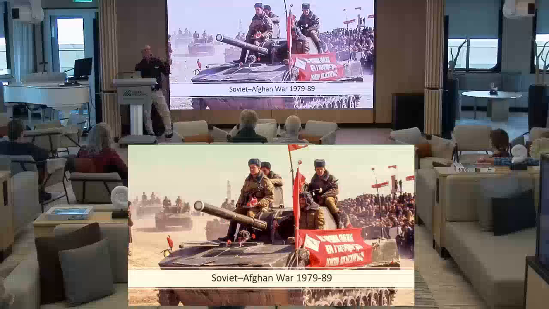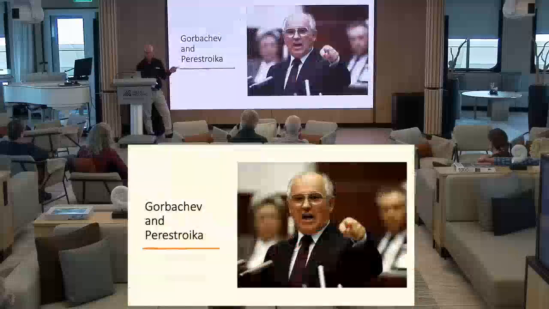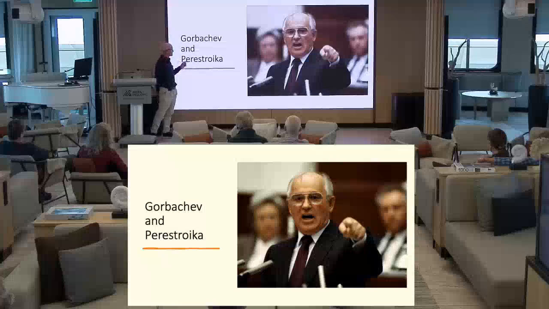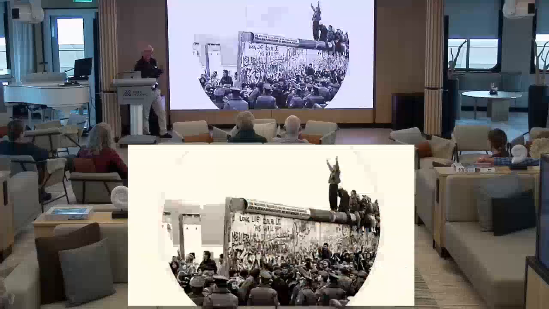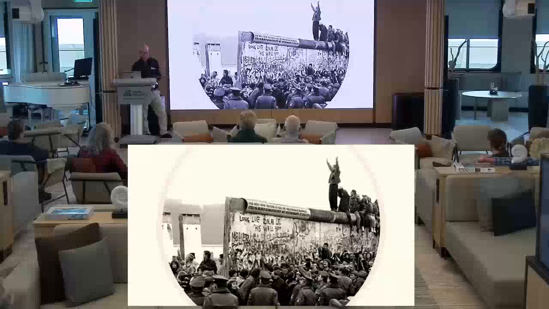It pulls out, and there's a systemic crash in the Soviet Union, which leads to perestroika, and our friend Gorbachev, who introduces his tardy structural reforms that don't eventually work. 1989, the collapse of the Berlin Wall, and the Soviet Union is no more by 1991.